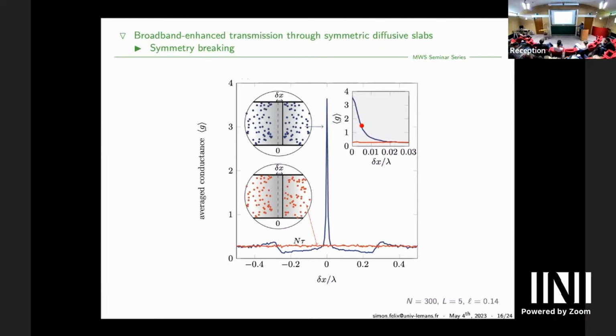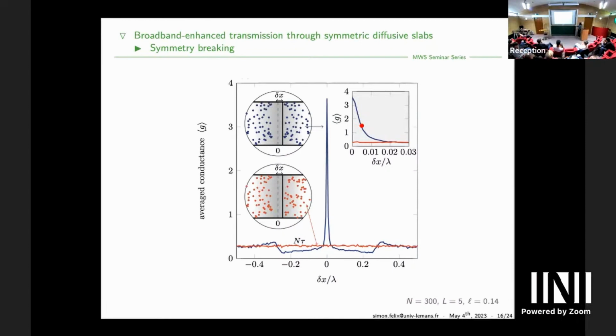So it is a zoom on this central part. And when I move by 1 over 50, typically, so it's here, then I drop to the level of a non-symmetric situation. And with a non-symmetric situation, we can move the barrier as we want, we do not change the level of conductance.